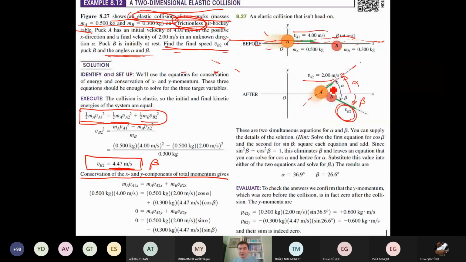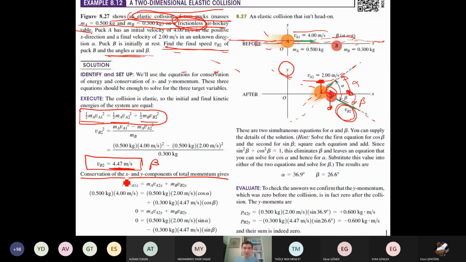After the collision, the A object has momentum along the y-axis and momentum along the x-axis. And the B object has momentum along the y-axis and along the x-axis. So you have to write conservation of momentum for both the x and y components of the total momentum.